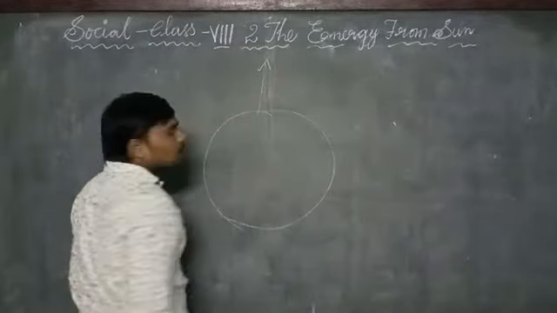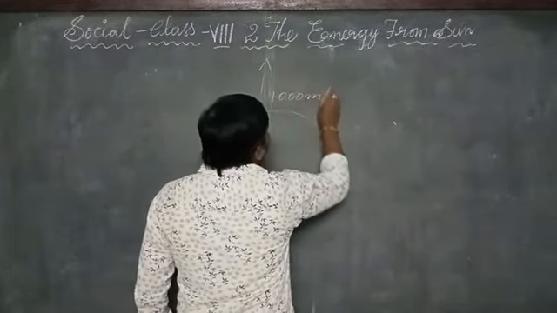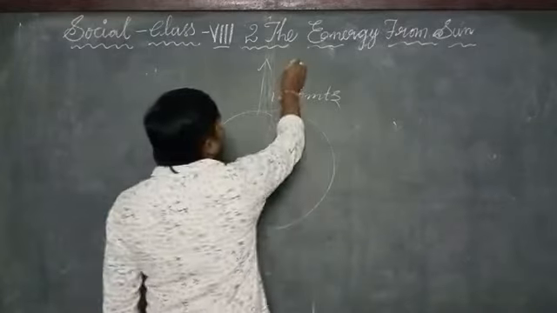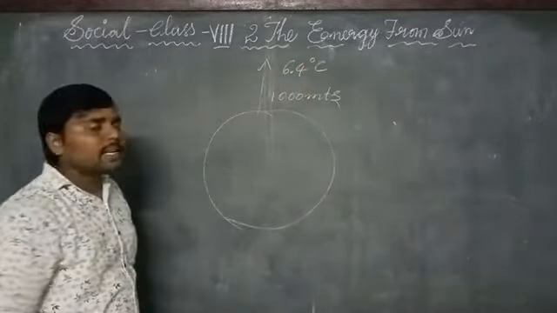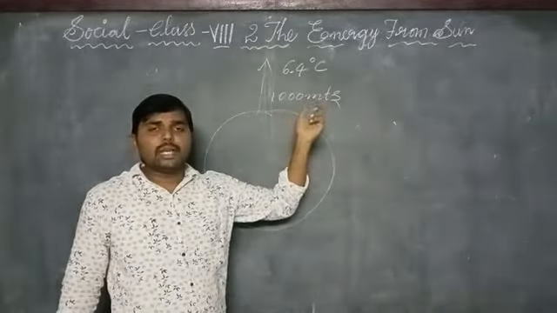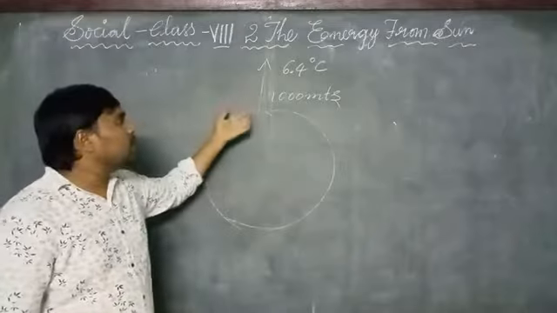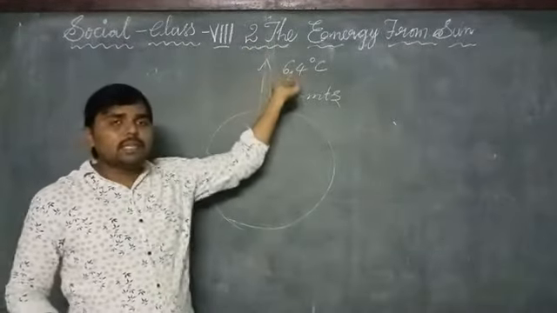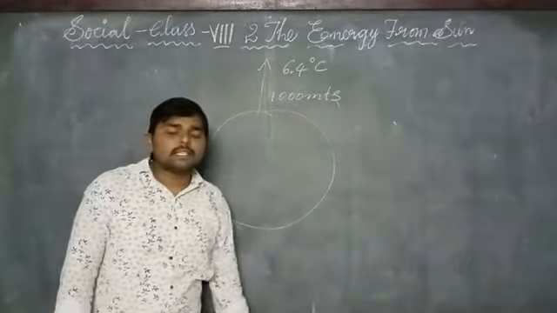As we move up from the surface of the earth, for every 1000 meters, the temperature decreases by about 6.4 degrees Celsius. How much will the temperature decrease for every 1000 meters? As we move away from the surface of the earth to higher places, the temperature decreases for every 1000 meters by about 6.4 degrees Celsius.